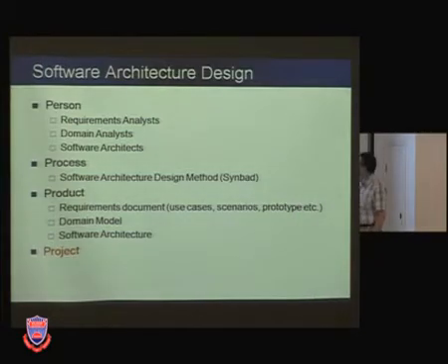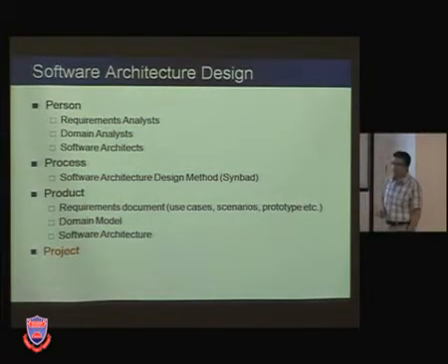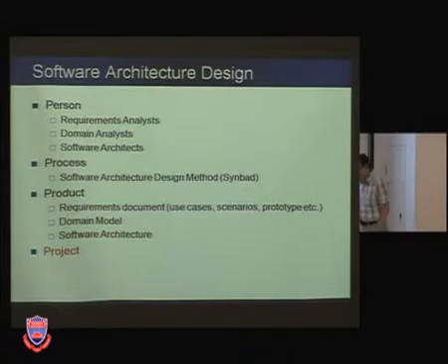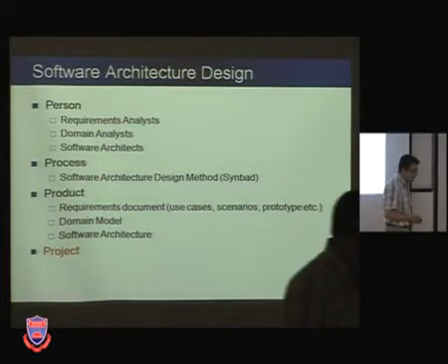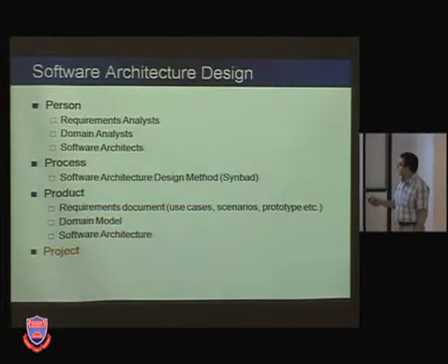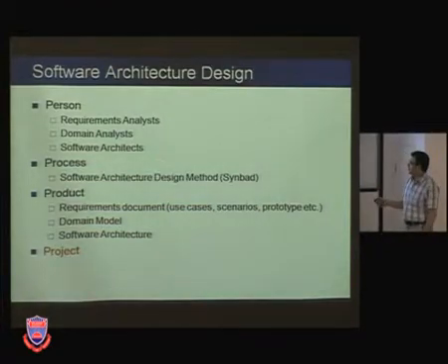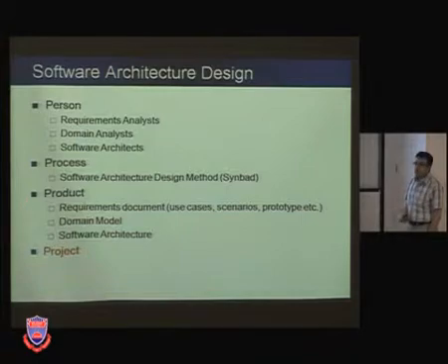We will adopt the synthesis-based architecture design, its acronym is SYNBAD. The product: what are you going to develop? Typically you will have requirements, domain model, software architecture. And this all together is done in the project. So you, as a team, follow some process and develop some products.